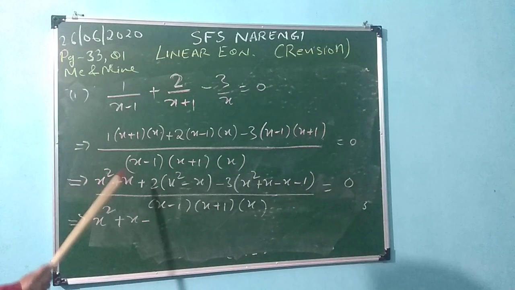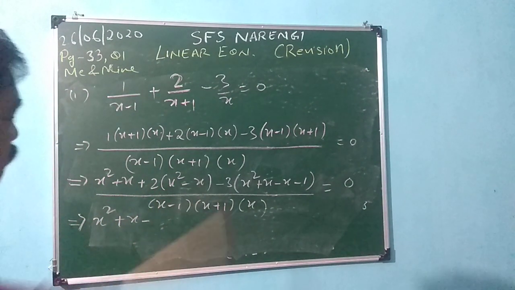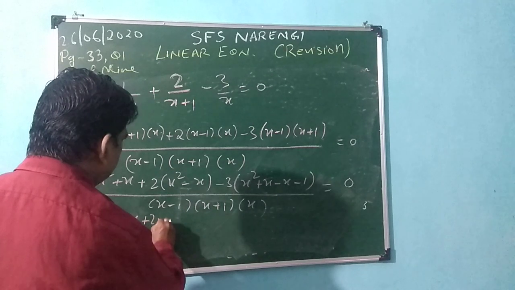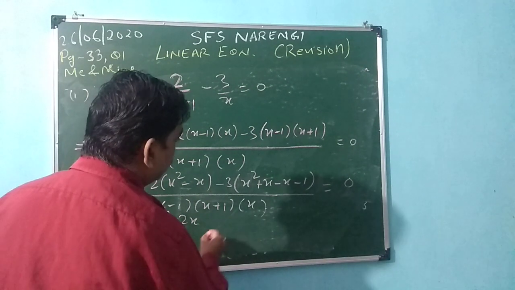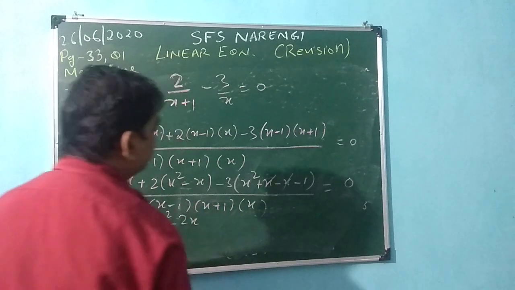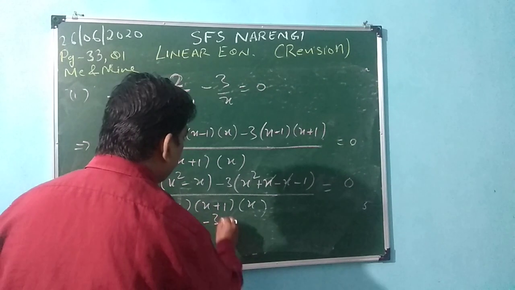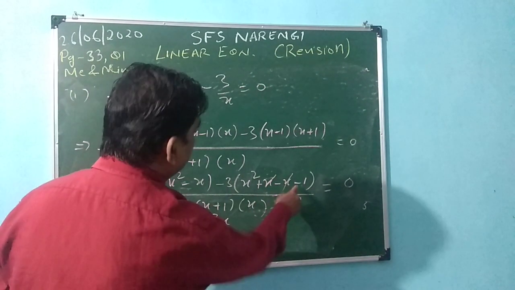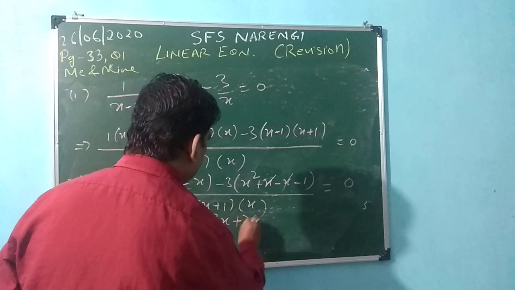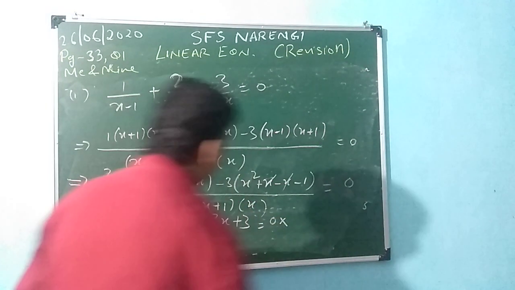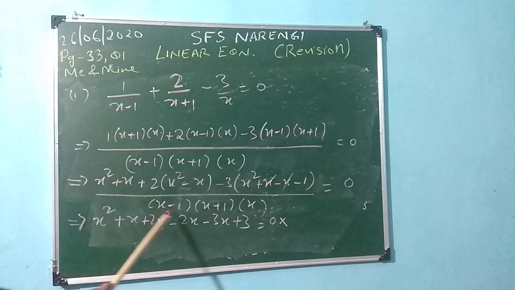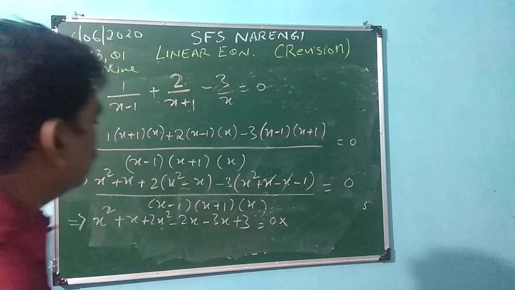See here, x square plus x, again 2 into x square minus 2x. Then you have this x is cancelled, so you will get minus 3x square, minus 3 into minus 1 is plus 3, is equal to this LCM will multiply with this 0.